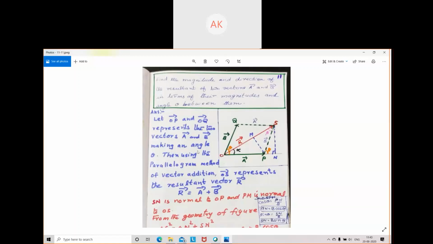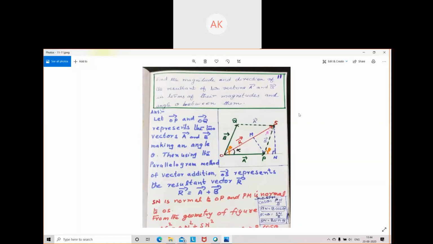So first what we have done, we have expressed them as the sides of a parallelogram. Then we completed the parallelogram and drew the diagonal passing from the same point. That gives the resultant. Then we applied the Pythagoras theorem to find OS. We extended this line and drew the perpendicular.